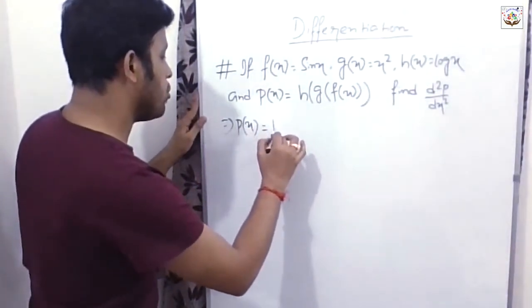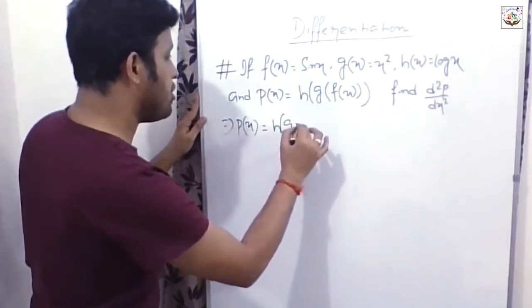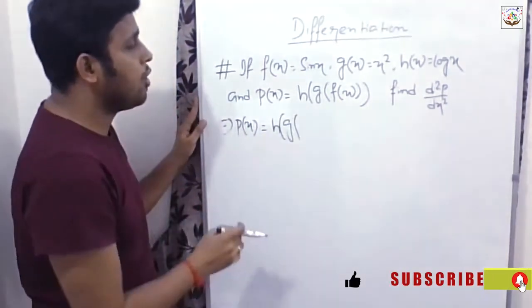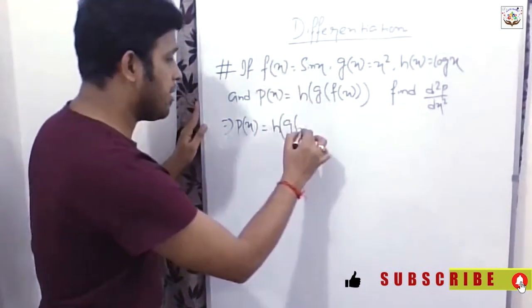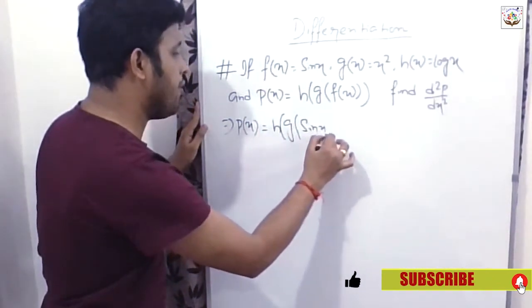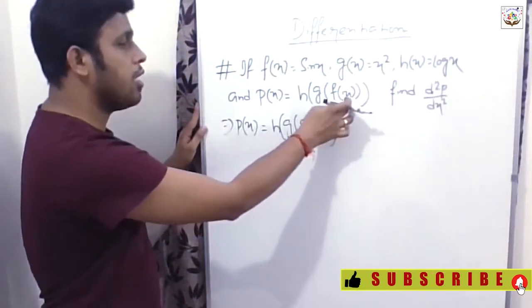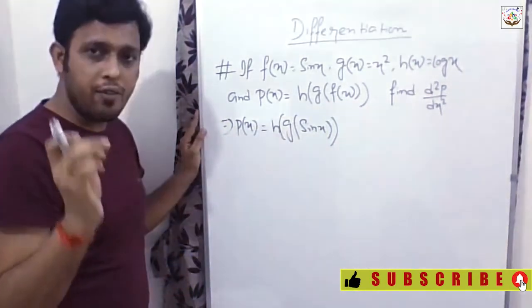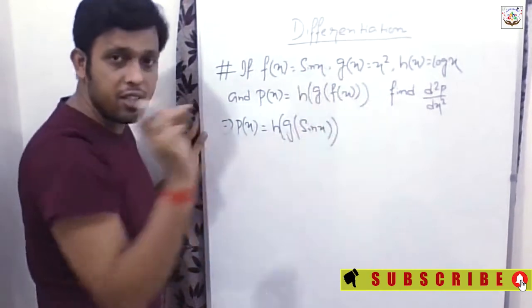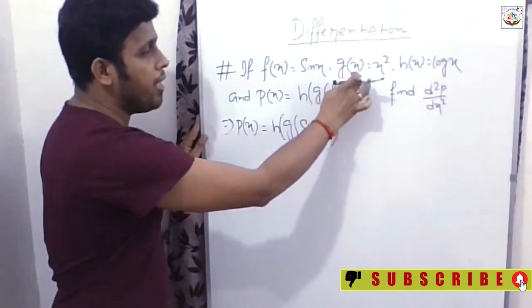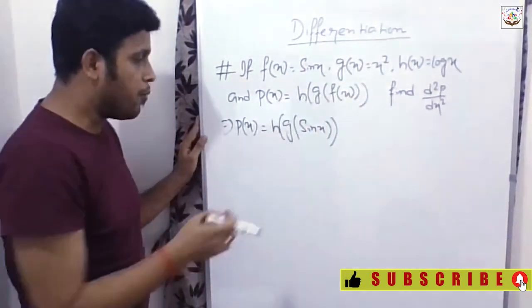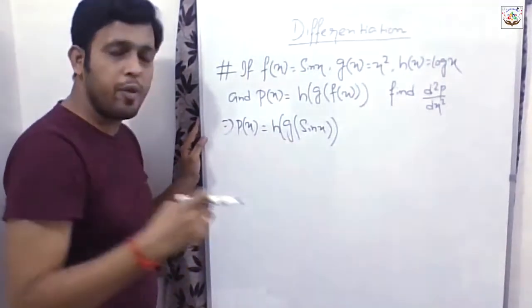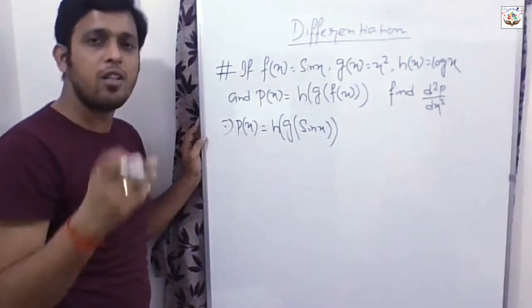So p(x) equals h of g of f(x). f(x) is sin x, so I have put sin x in place of f(x). Now as per the definition of the g function, g of x equals x square. That means g of sin x will be sin square x.